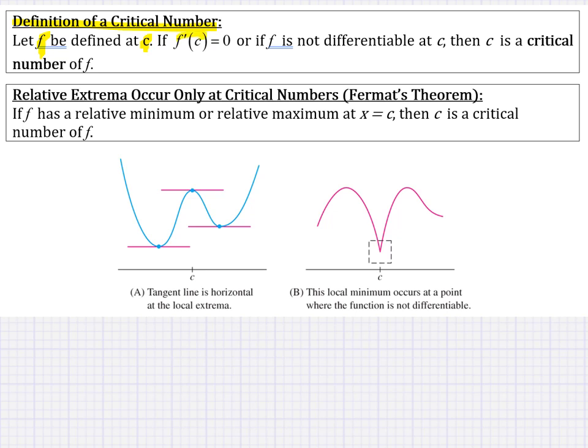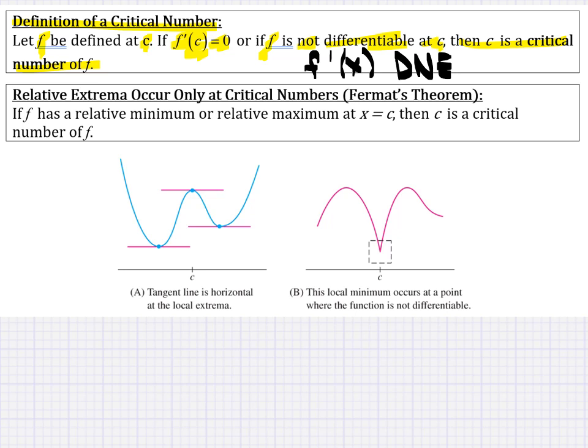It says if the derivative at c equals 0, or if f is not differentiable at c, which means the derivative does not exist, then c is what we call a critical number. So a critical number is any place where the derivative of a function is either 0 or does not exist.